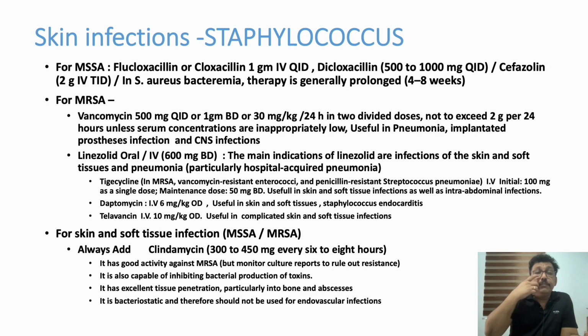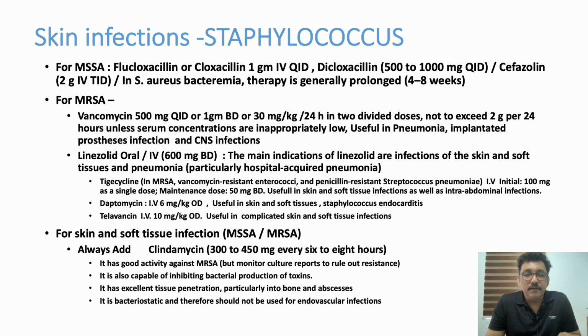If the patient is having repeated infection or a previous culture shows MRSA, then it is better to go for vancomycin, tigecycline, daptomycin, or dalavancin. Vancomycin 500 mg QID or 1 gram BD can be given. Whenever we suspect severe skin infection, hypotension, or shock, we have to suspect toxic shock syndrome.